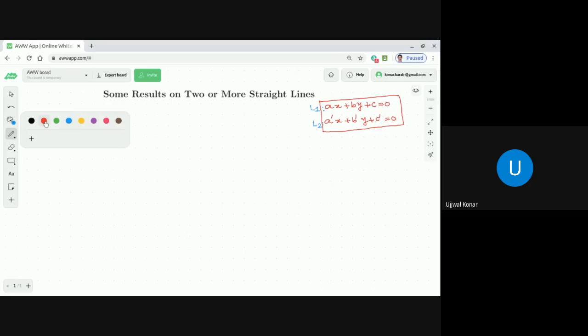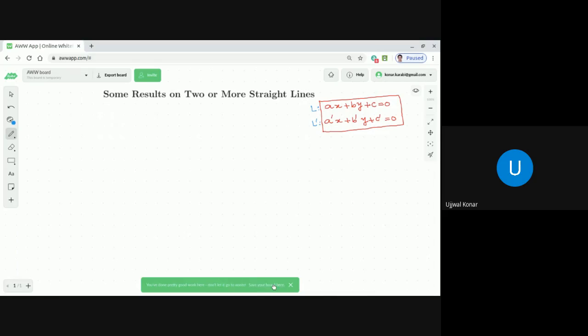More than L1 and L2, we can define them as L and L dash, because their coefficients are a dash, b dash, c dash. So the first straight line we define as L, and the second straight line we define as L dash.